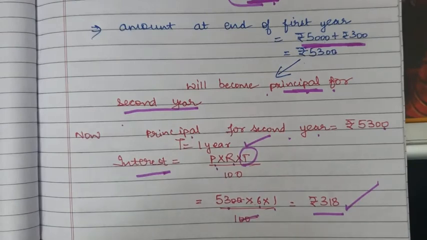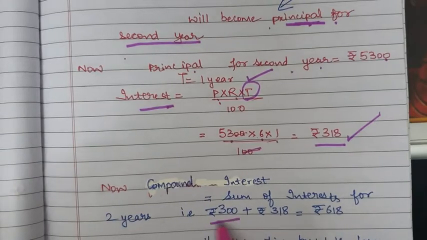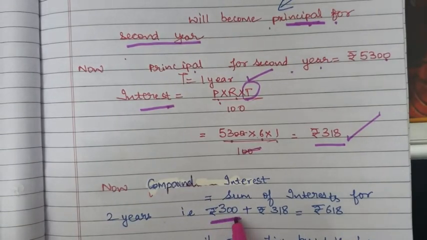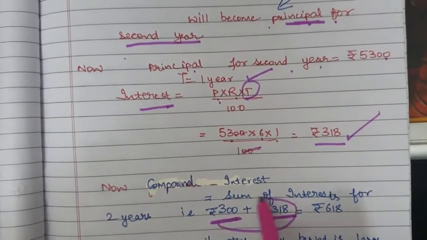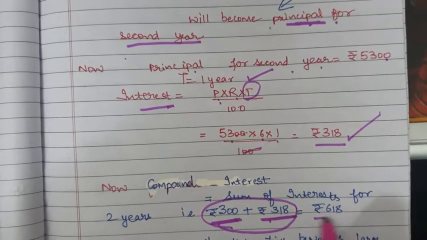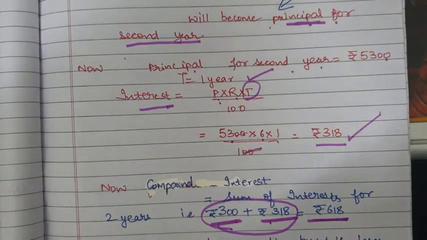Compound interest means interest for the first year plus interest for the second year. That is 300, that was for the first year, and 318 for the second year. And these two will add. This will form the compound interest.